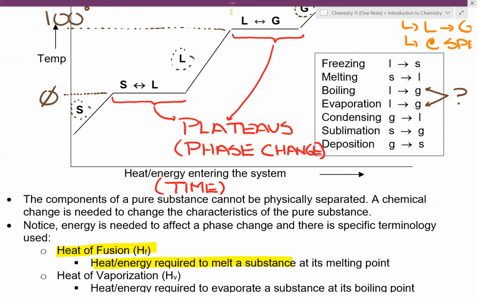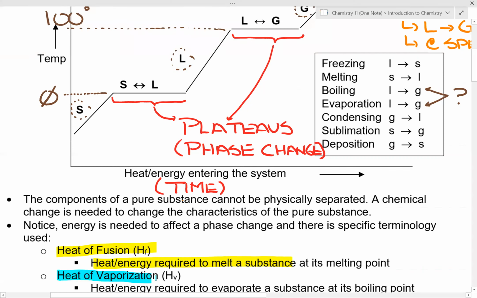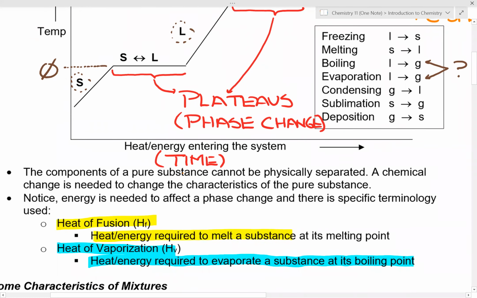And you have something called heat of vaporization: the heat energy required to evaporate a substance at its boiling point. So you can think of it as the energy required to change a liquid into a vapor. Now, if you are in Chemistry 11 honors, we'll be talking more about this. If you're just in regular Chemistry 11, just be aware of the terminology.